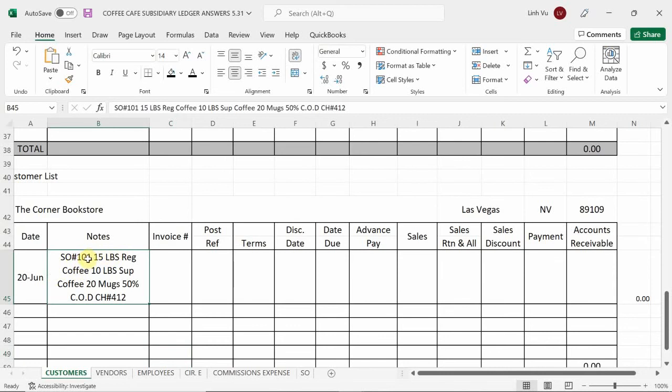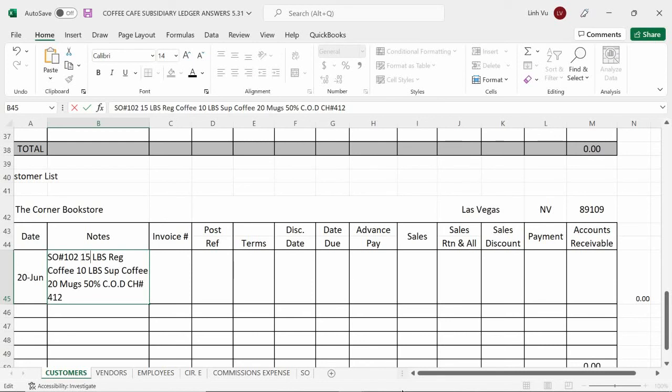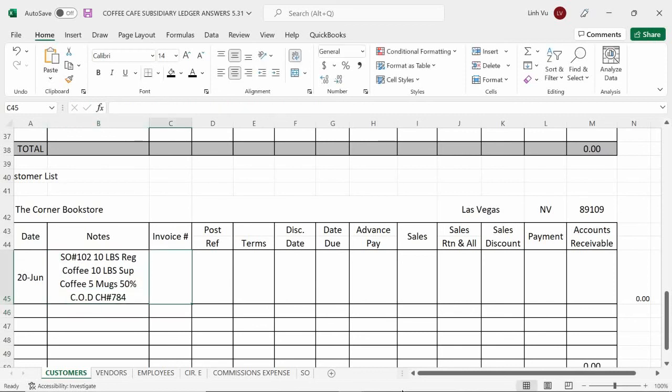So sales order number 102, and they only bought 10 pounds each of coffee, and then 5 mugs. And then check number is now 784. And the invoice number is 102. It's on page 8.